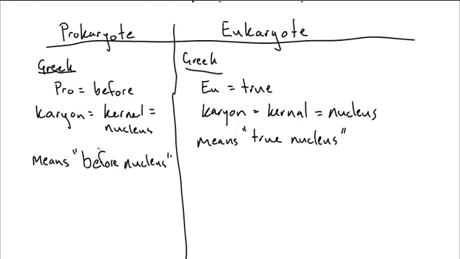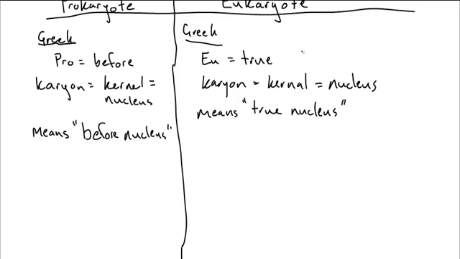But we found there was a bit of a problem with this definition because there are examples of eukaryotic cells, for example, red blood cell, that don't have a nucleus.